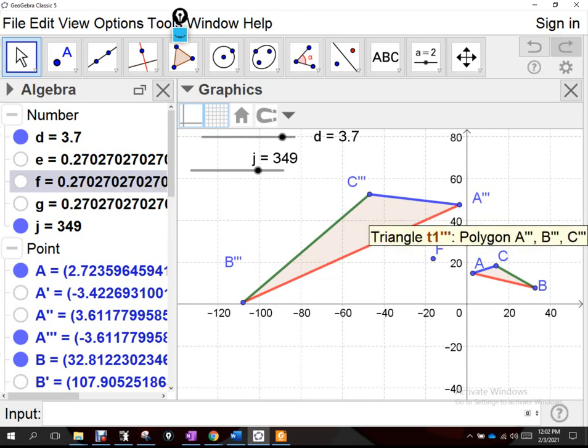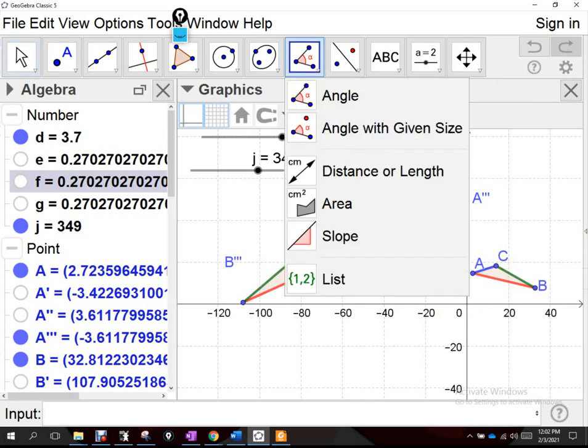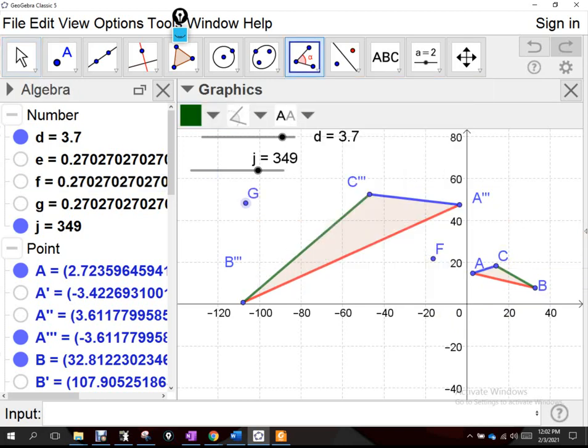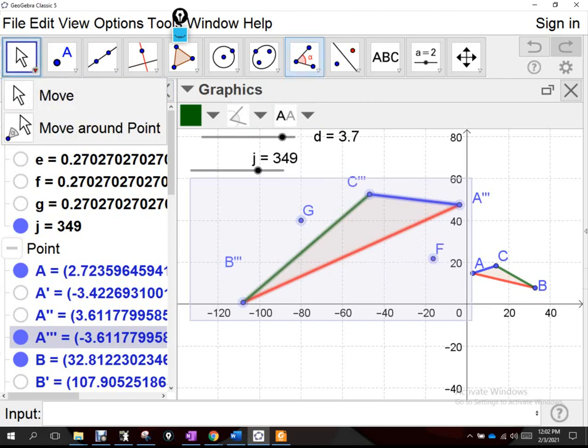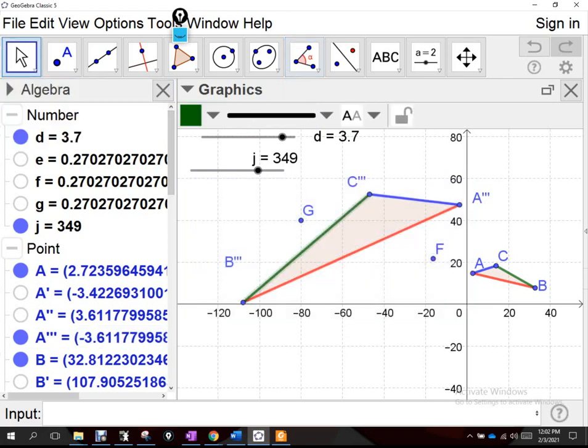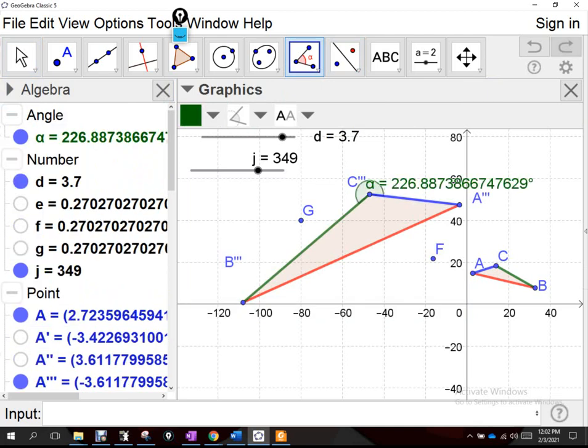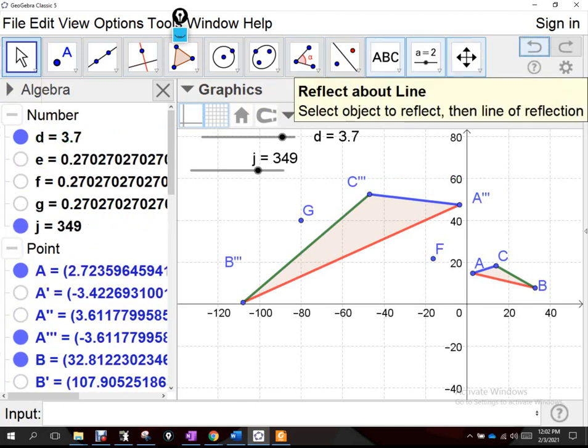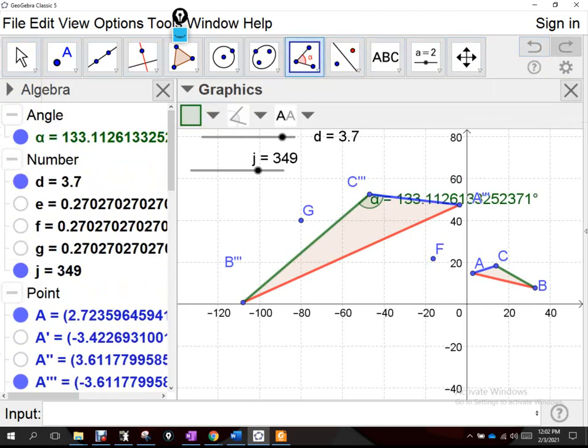So what that tells me is that these shapes are indeed similar, meaning if I were to find the measure of all of these angles here, that should be a way for me to do it quicker. If I look at that angle, 133.